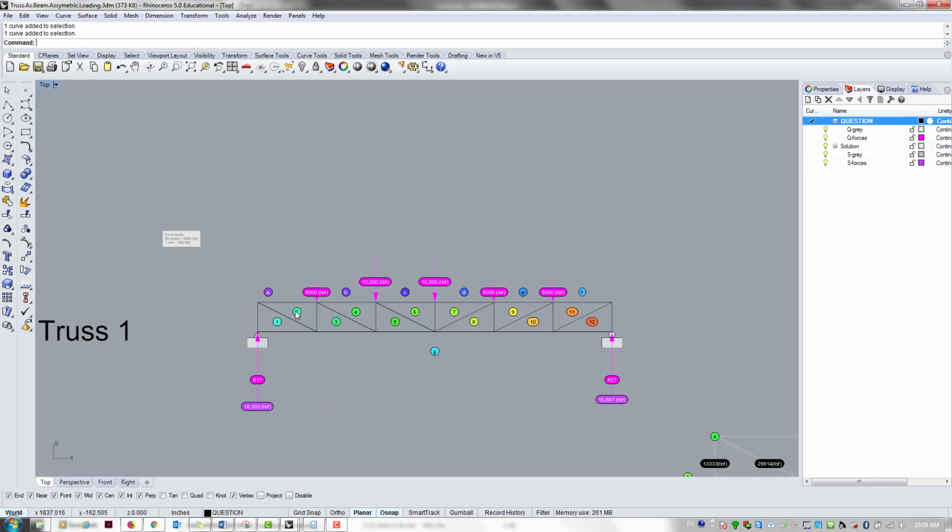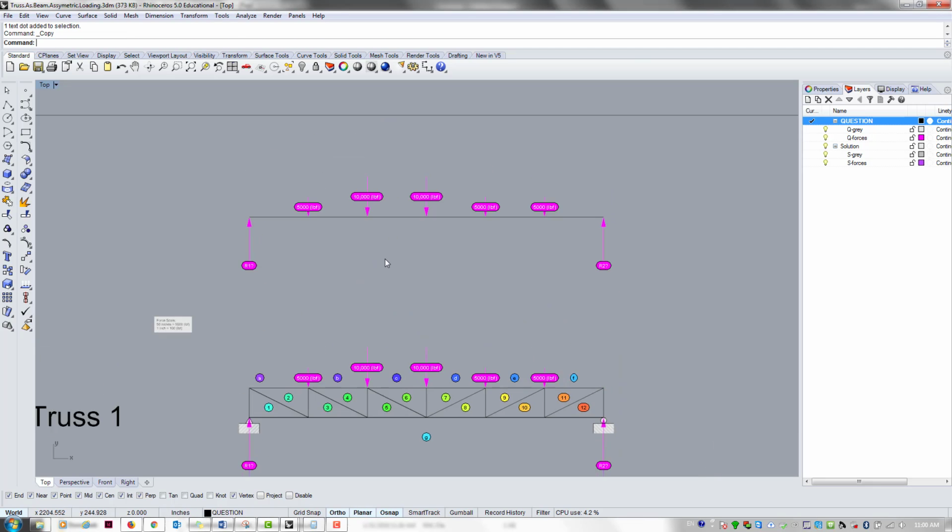And I mean, this is just as if you had a beam, right? If you had a beam with the same exact span and same exact loading pattern, then you can basically determine what the reactions are, right?